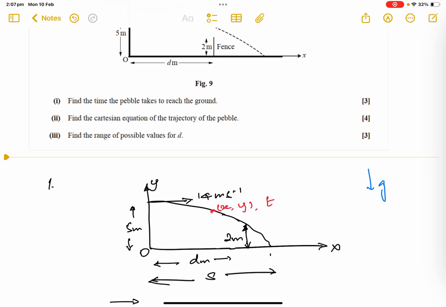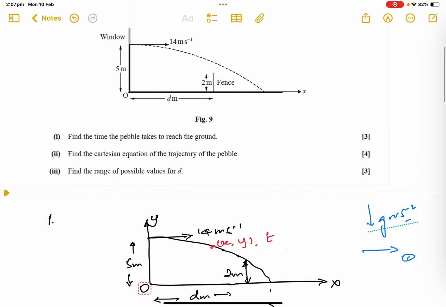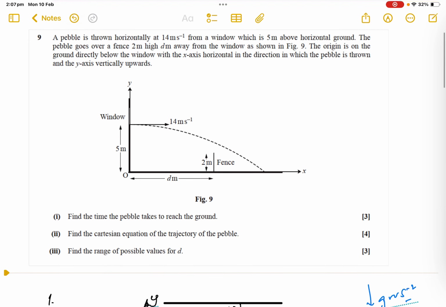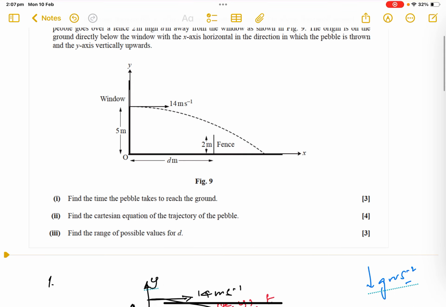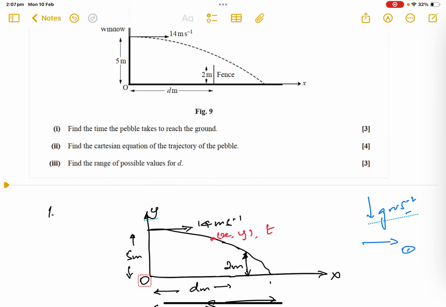So g is 9.8 meters per second squared, and horizontally it is zero. There is no gravity horizontally. So if the pebble is thrown horizontally, there is no vertical velocity, and the horizontal velocity will be maintained. Anyway, we'll look at the sketch or diagram given.